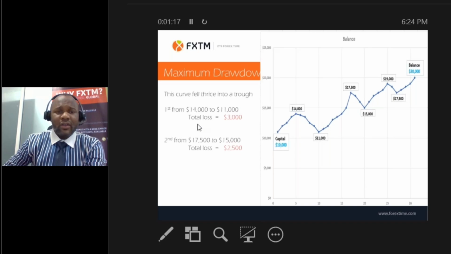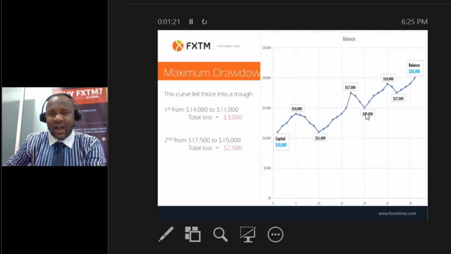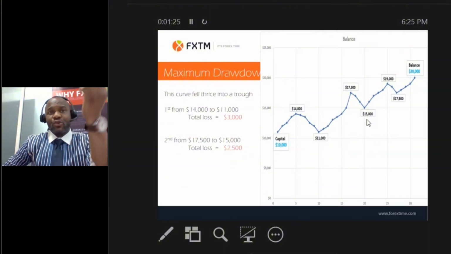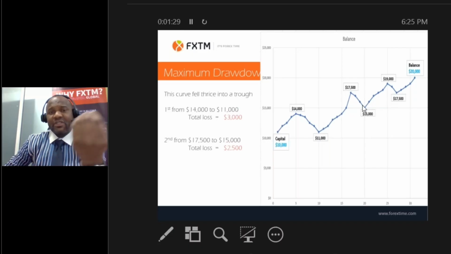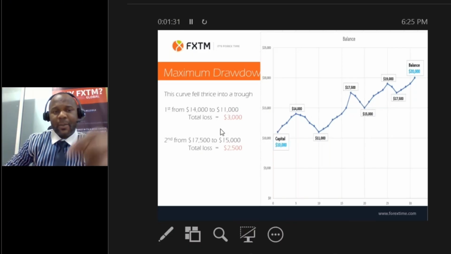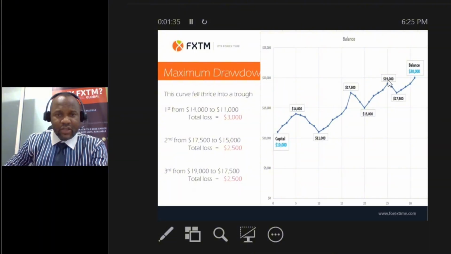The second fall was from 17,500 down to 15,000, making the trader lose 2,500. From the first fall, he lost $3,000. From the second fall, he lost $2,500. And then from the third fall, he lost from 19,000, the account fell to 17,500.